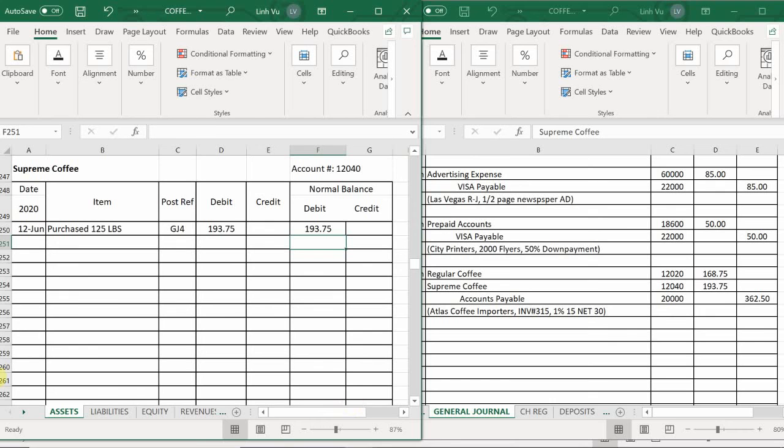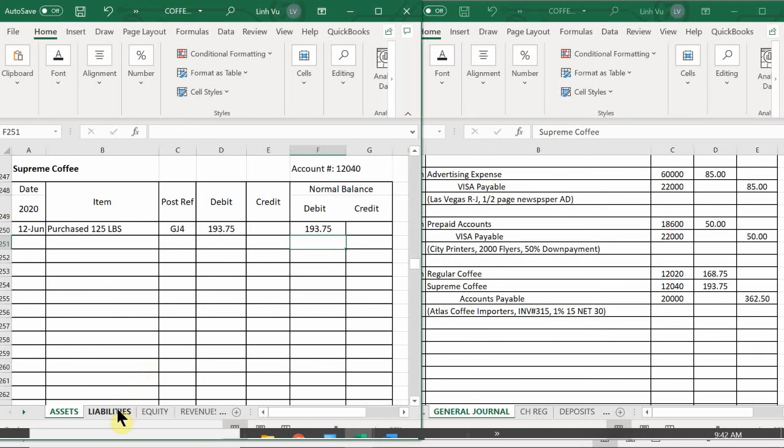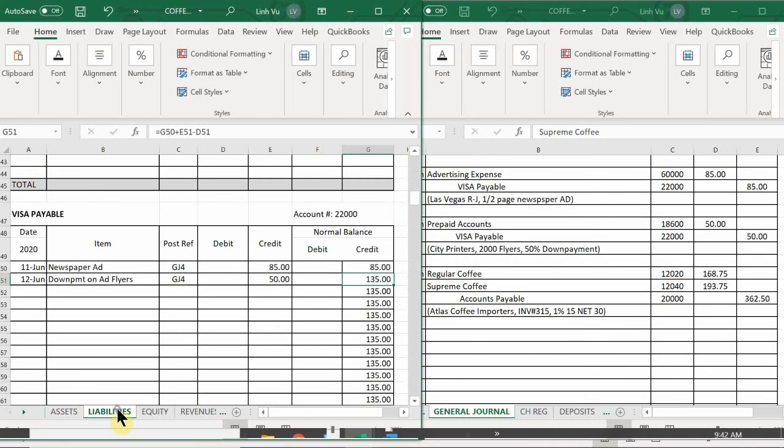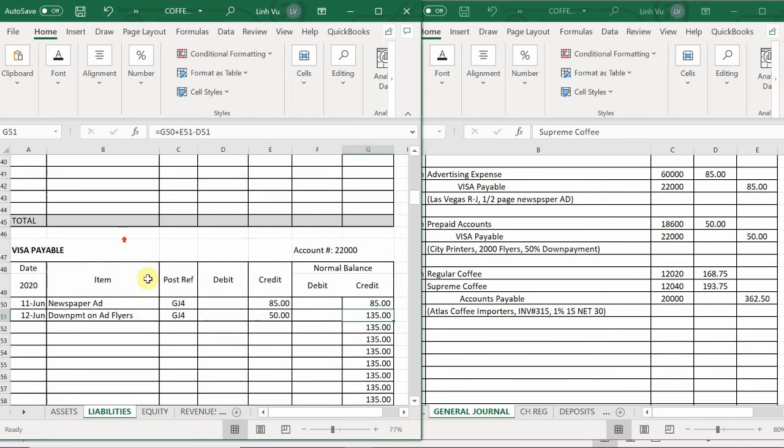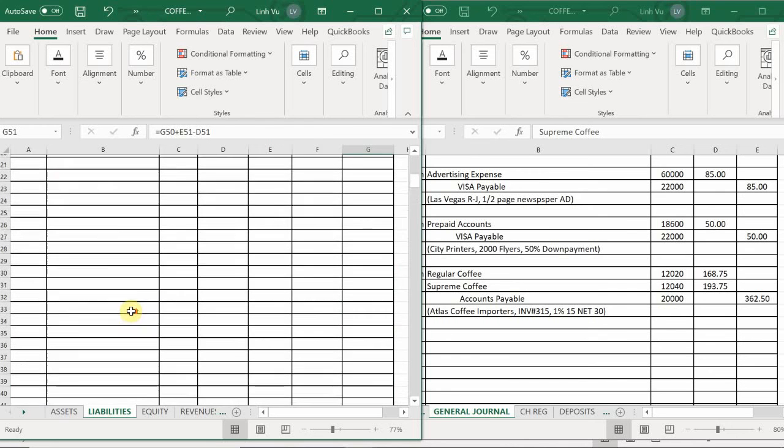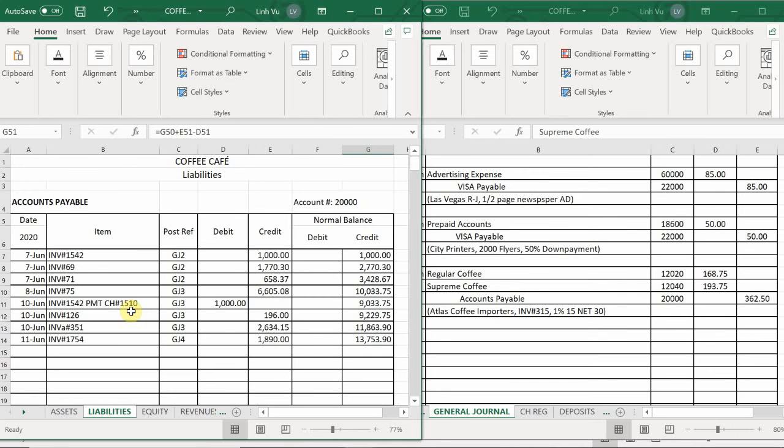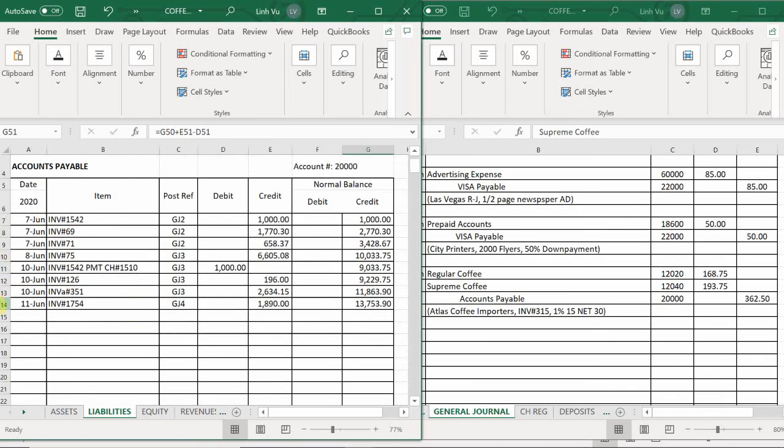Now we also need to update our liabilities because we received another bill. So instead of a Visa payable, we're going to go all the way up to the top because it's an accounts payable account. We indicate that it is the 12th and that we received invoice number 315.